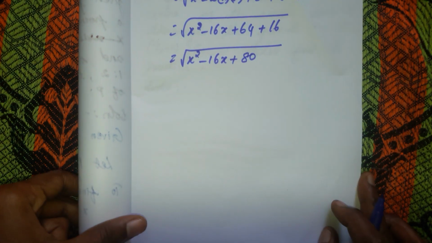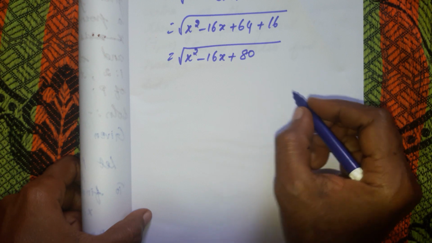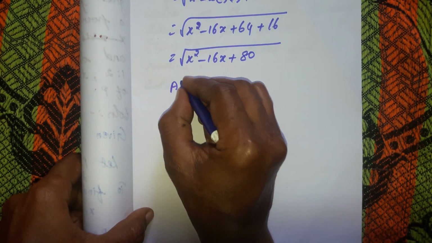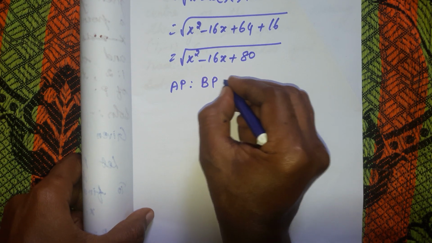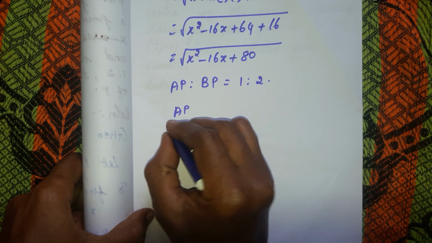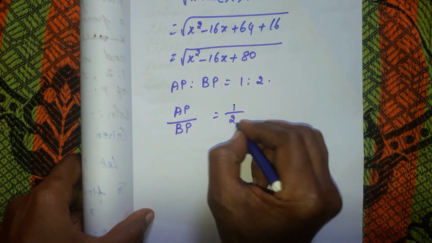Then what is given? P divides AB in the ratio 1:2. So AP is to BP is equal to 1:2. So we can take AP by BP is equal to 1/2.